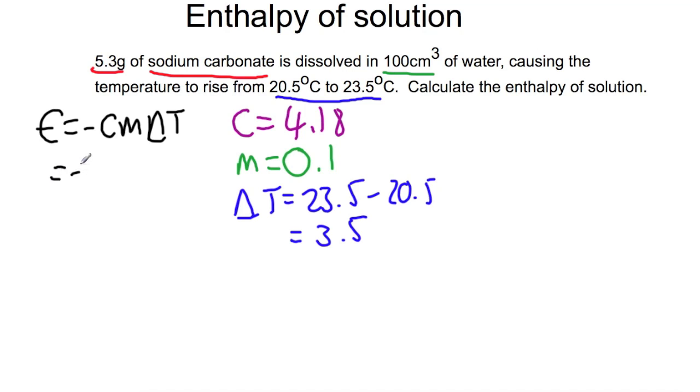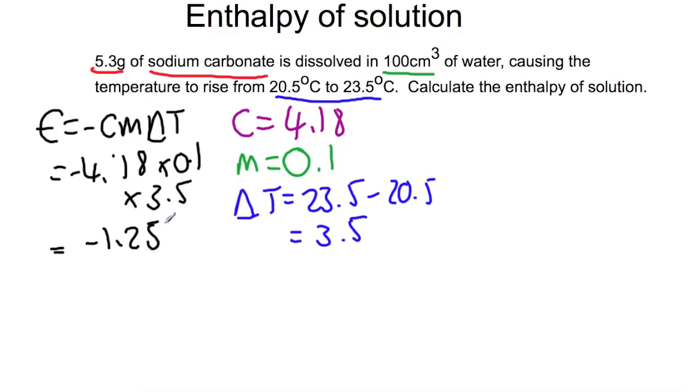So if you put that into the equation, then we get an energy change of minus 1.254 kilojoules. And that is just for 5.3 grams of sodium carbonate. So we need to look at if we were to dissolve a whole mole of sodium carbonate, what would the energy change be?